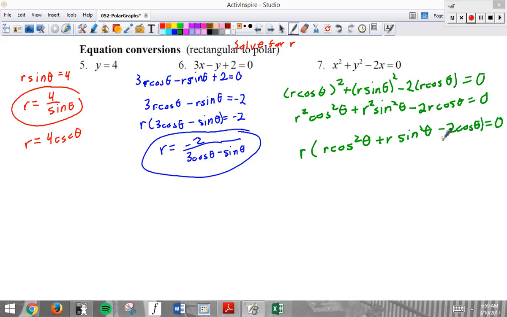Okay, so that leaves me with two options. Either R equals 0, or R cosine squared theta plus R sine squared theta minus 2 cosine theta equals 0.